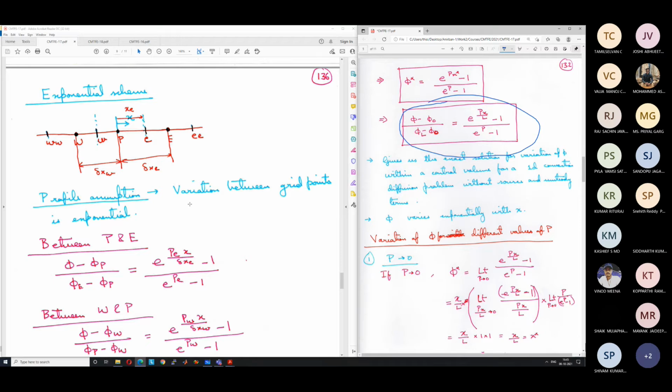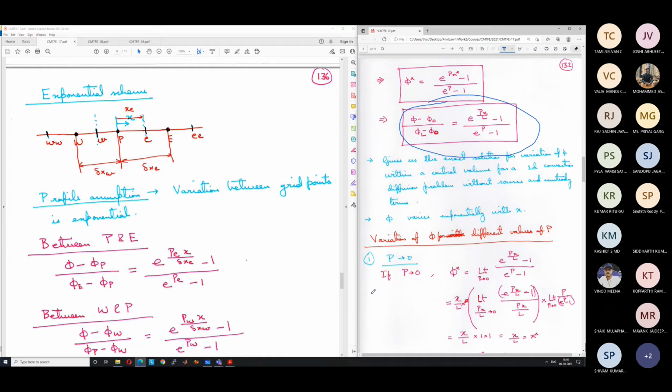So with the exponential variation, the profile between P and E we can write using this derived expression. Here x goes from 0 at grid point P to x equal to delta xc at grid point E. So phi minus phi P by phi E minus phi P is equal to e to the power Peclet number at the east interface times x by delta xc, minus 1, by e to the power P minus 1.